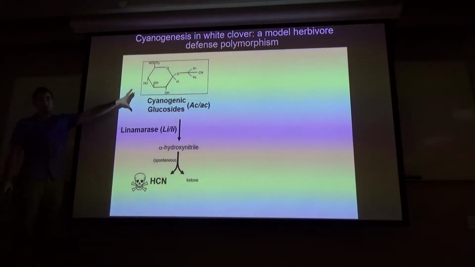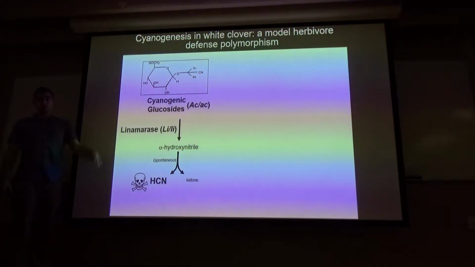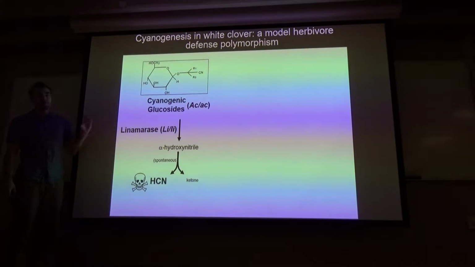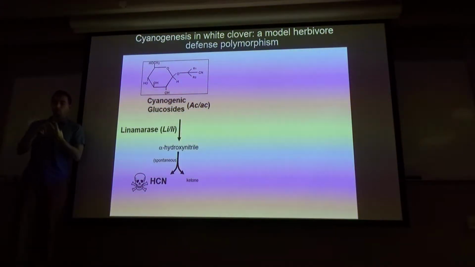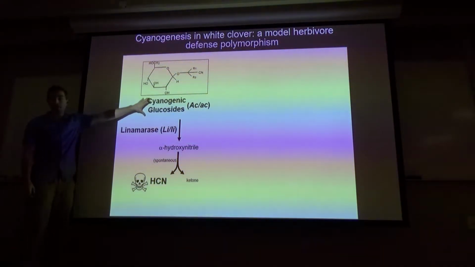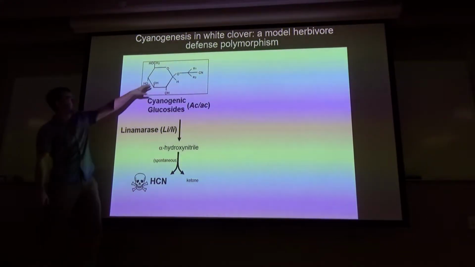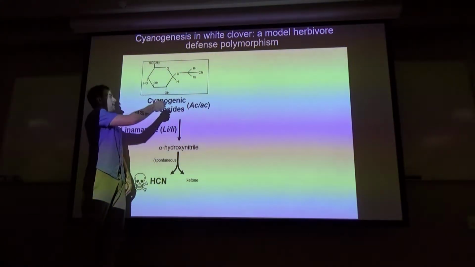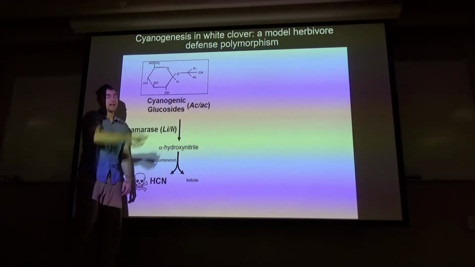Now, how do we get that polymorphism in white clover? This presence-absence polymorphism of cyanogenesis occurs based on the presence or absence of 2 biochemical components. You have cyanogenic glucosides, which are basically a sugar molecule, a glucose molecule, with a cyanide group attached to it.